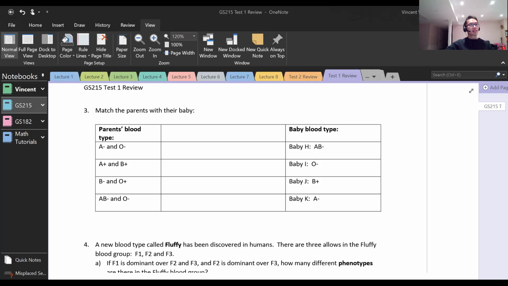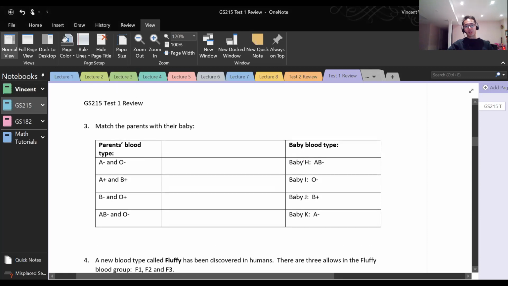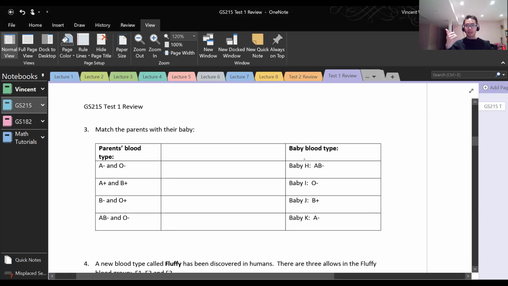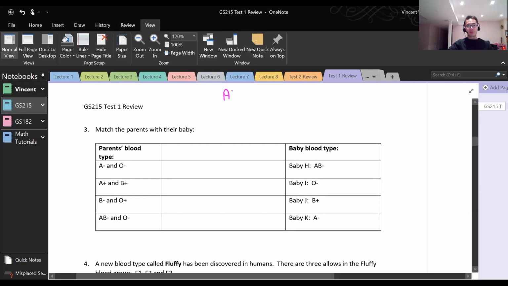All right, let's take this up then. So remember, there are 4 rules that we wrote down before. I'm just going to quickly tell you what they are. Number 1, if you are AB, you cannot have a type O child. If you're O, then you cannot have AB. You should write these down on the test if you need to.